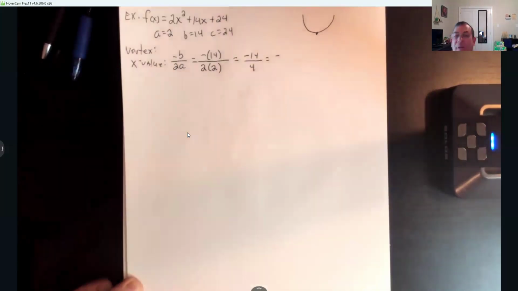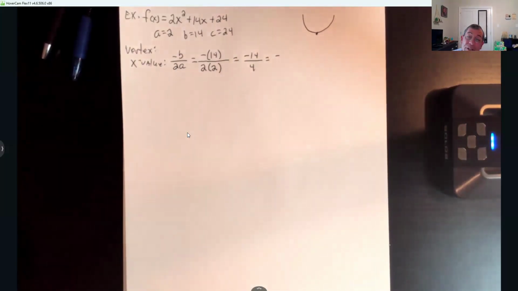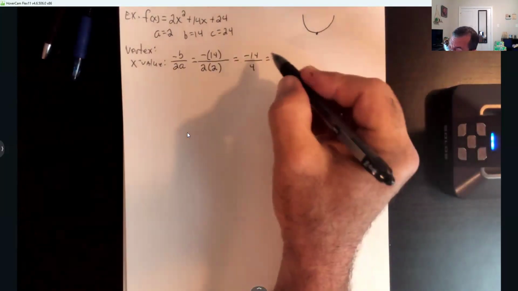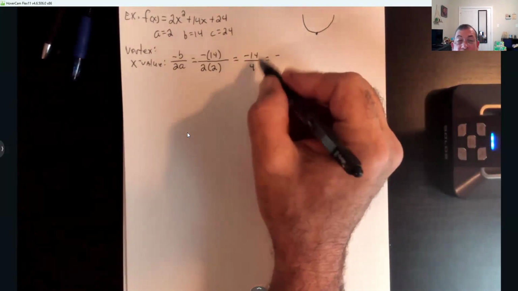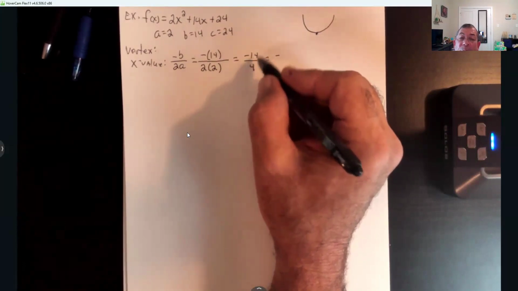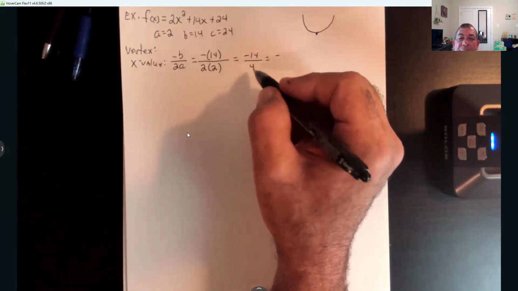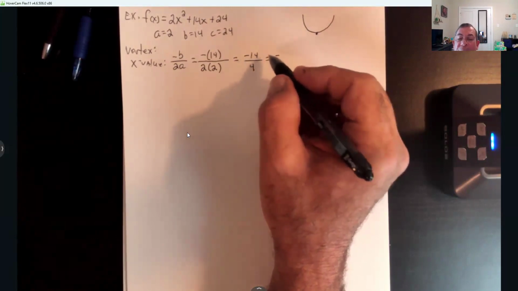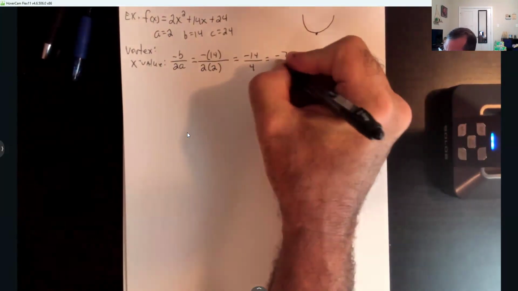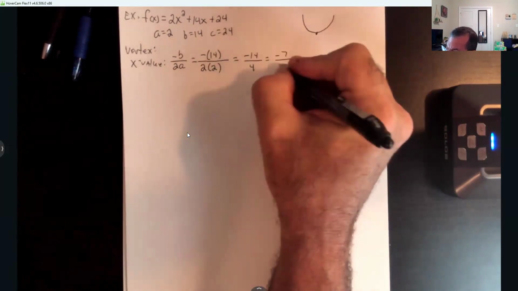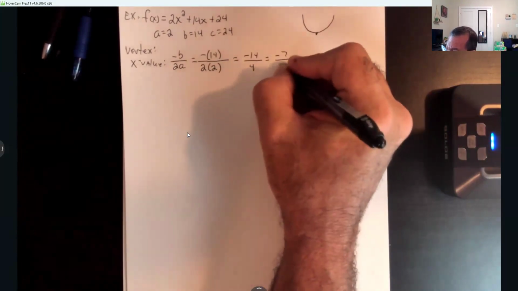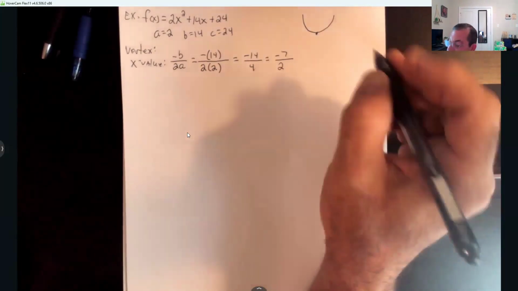Uh-oh, y'all. Looks like we're going to end up a little fractiony on this one. But I would reduce this fraction down by dividing both of those by 2. 2 is the biggest number they can both divide by. So negative 14 divided by 2 would give me a negative 7 on top. And then 4 divided by 2 gives me a 2 on the bottom.